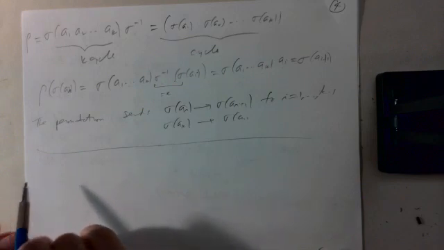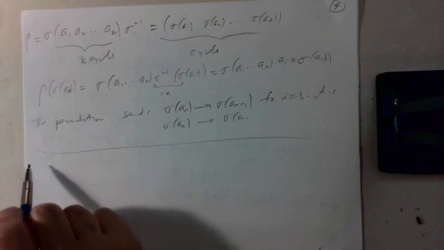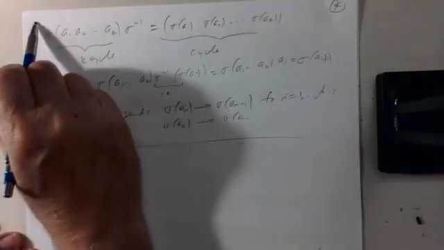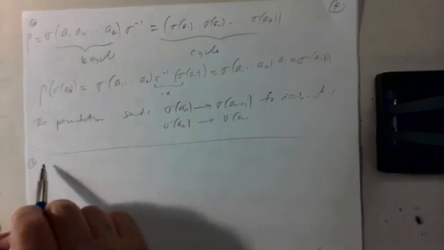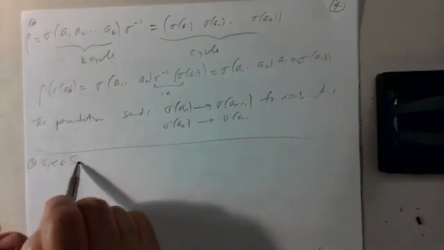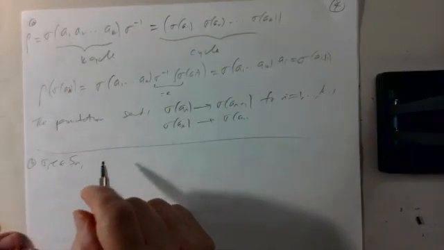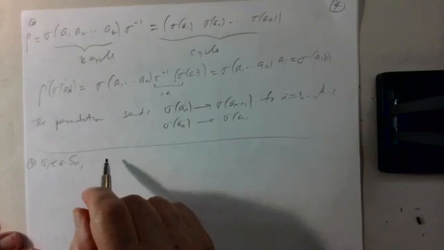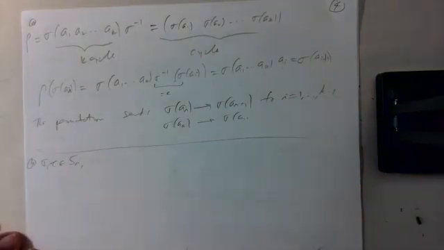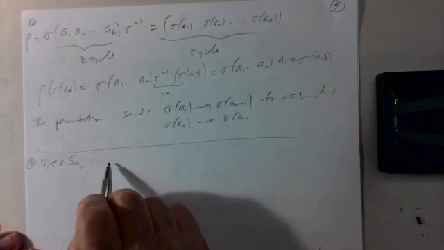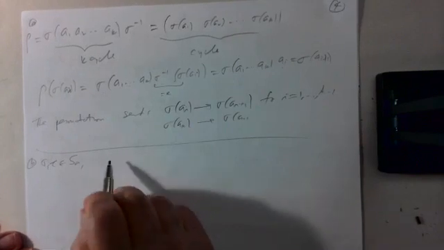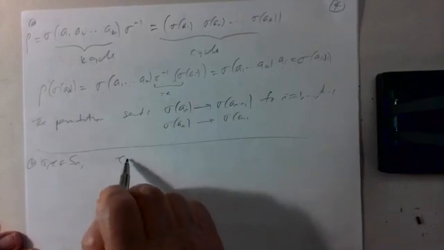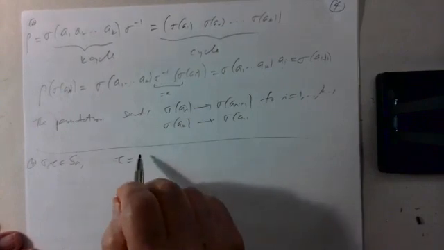Let me read the problem one more time. Let sigma and tau be in Sn. Prove that if tau is the product of r pairwise disjoint cycles. Okay, all right, stop. That's enough. I just needed to know which was sigma and which was tau in this problem. So tau is a product of cycles.